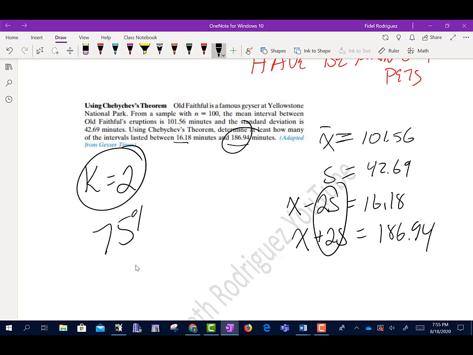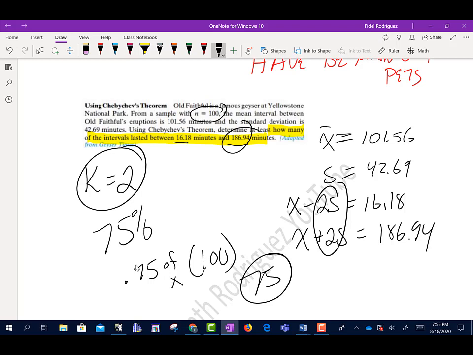When k equals 2, we have 75%. The question, though, is saying how many intervals lasted between 16.8 and 186.94. 75% of them. 75% of means to multiply, so how many am I looking at? 100. Well, 75% of 100 is just 75. Okay?